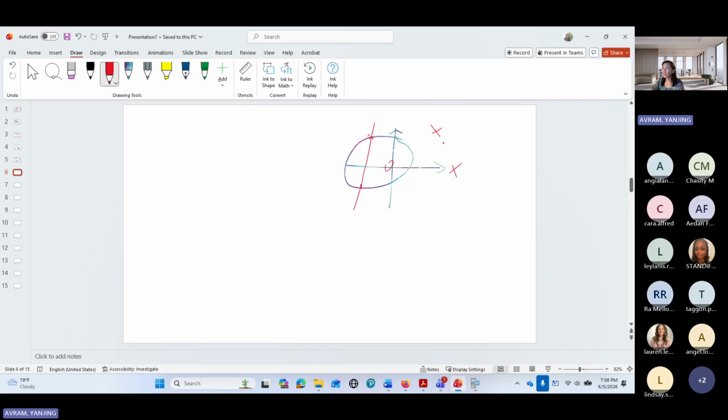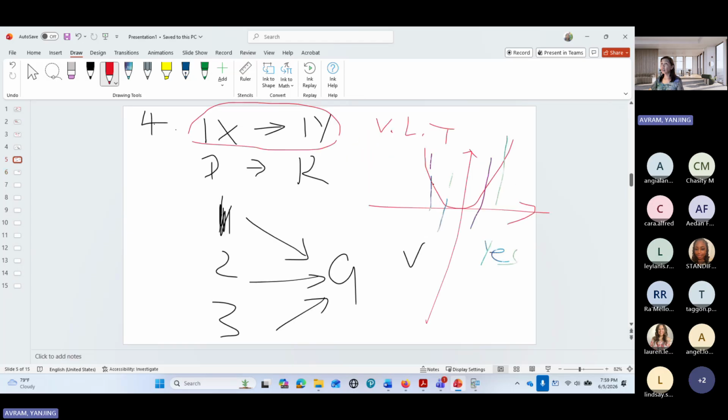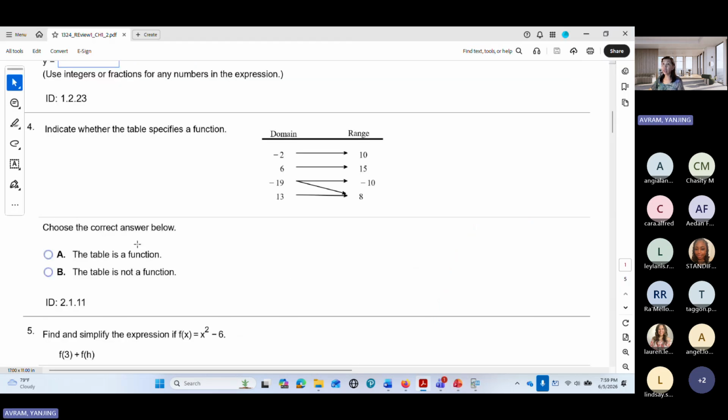So this one is not a function, or we say it did not pass the vertical line test. So from the graph, you drop a vertical line. From the table, you look at one input, only one output. That is the concept for chapter 2, because in chapter 2 we are all learning about functions.